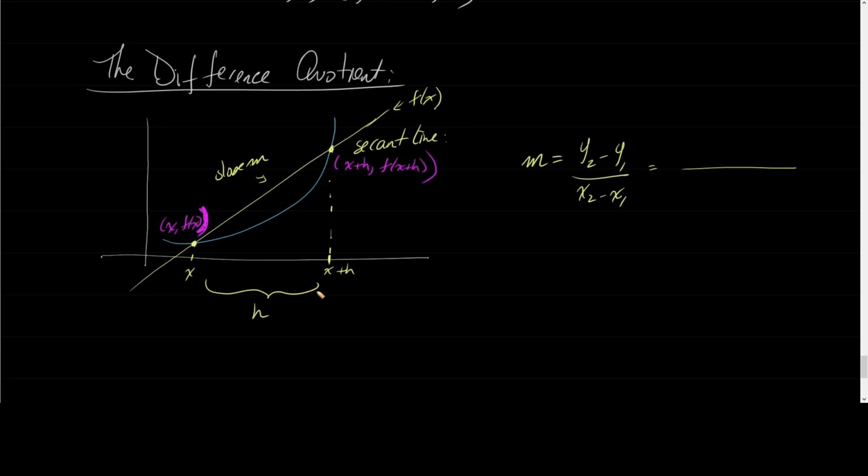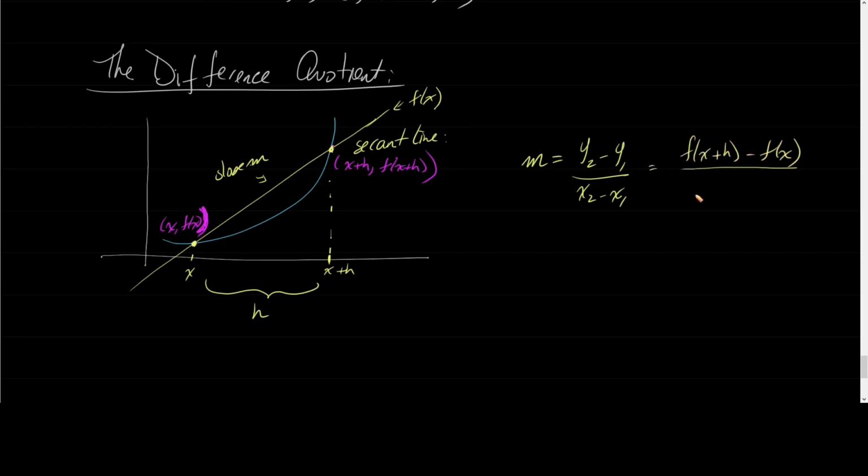In here, y sub 2 minus y sub 1 is going to be this value up here minus this value right here, so that's f of x plus h minus f of x.